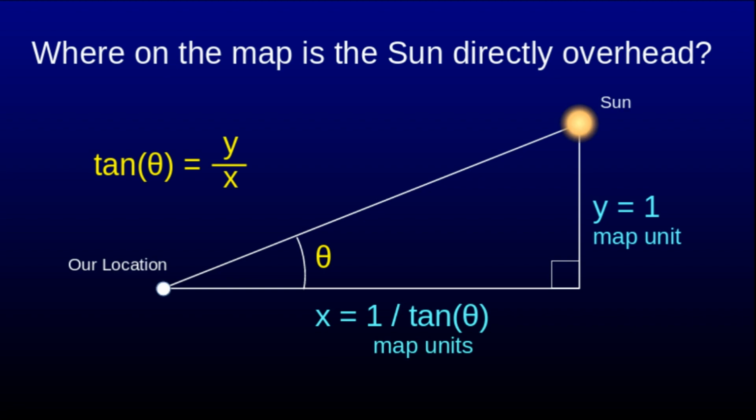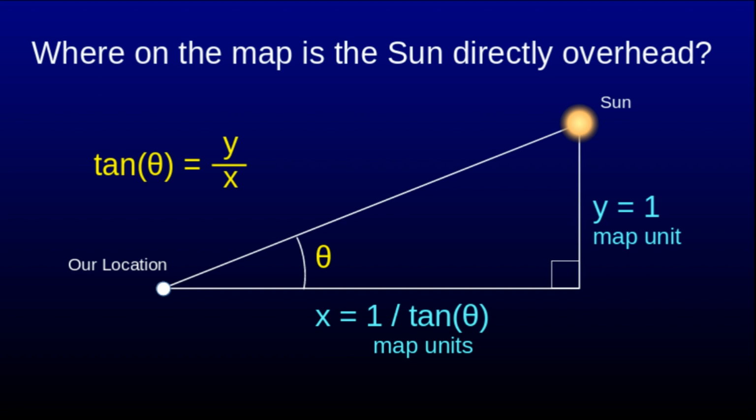Now, in the real world, the sun is somewhere overhead, and we are at a certain location, and we're measuring theta. We don't know how high the sun is exactly, and so we don't exactly know how to scale it down to our map.